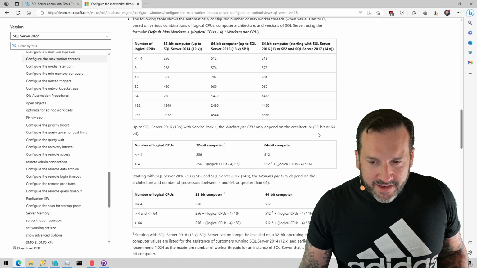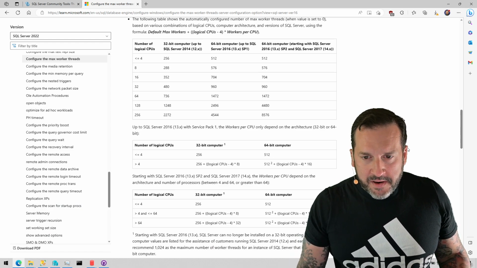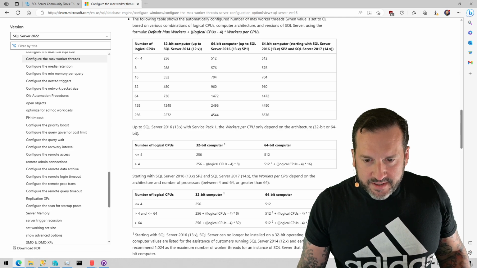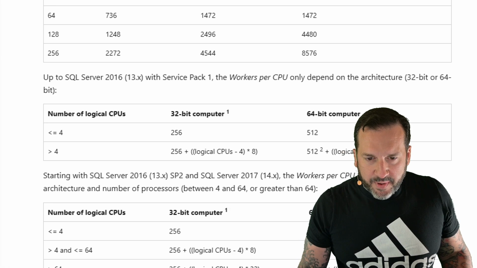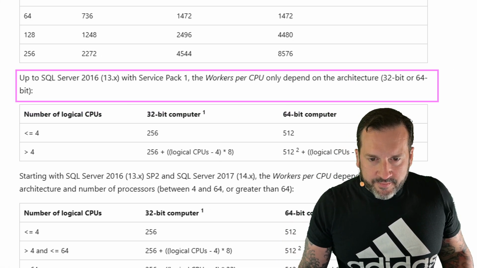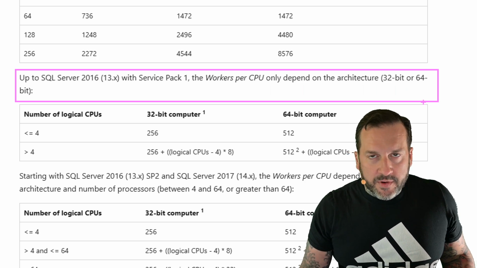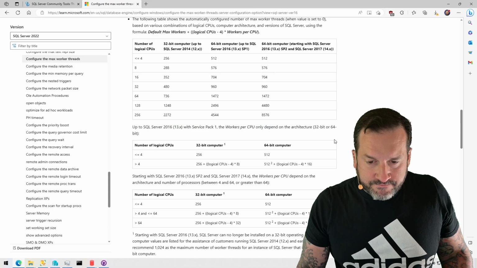But let's look at this impressive piece of documentation. What we're going to do is skip this part, because if you are using a version older than this, I just feel bad for you.